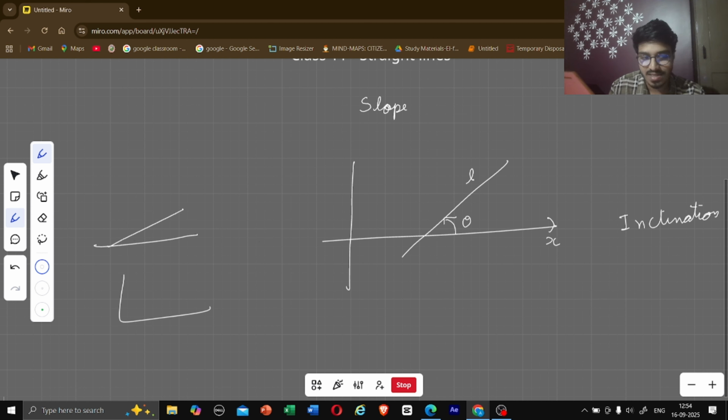And this is also inclination, if you measure like this. What is declination? This is a declination, where line L intersects the positive x-axis and measures the angle in a clockwise direction.